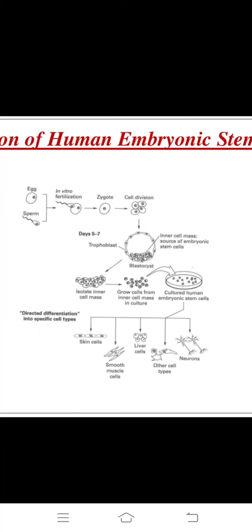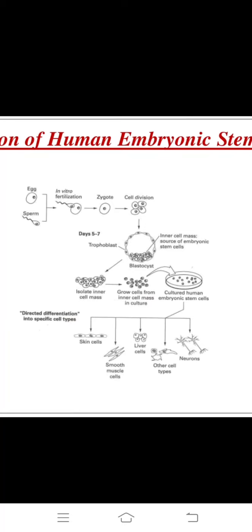Okay, yes. Next, isolation of human embryonic stem cells. Okay, this diagram we purely observe. Embryo means we observe, present only in the embryo, is called embryonic stem cells.